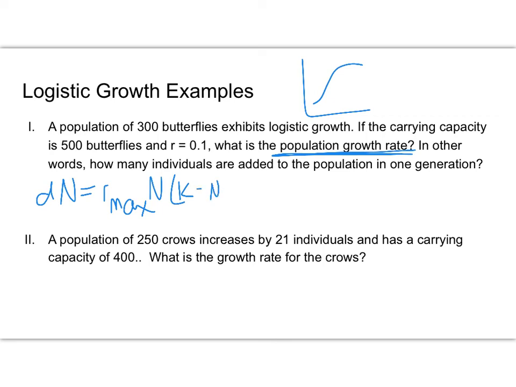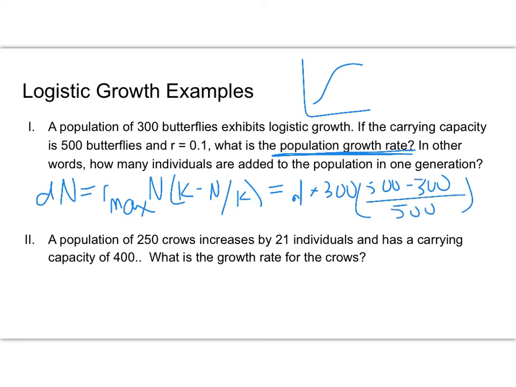K minus N divided by K. Right? So I've got 0.1 is my R. My population is at 300. My carrying capacity is 500 minus my population. Basically, how much room do I have to grow divided by my carrying capacity.